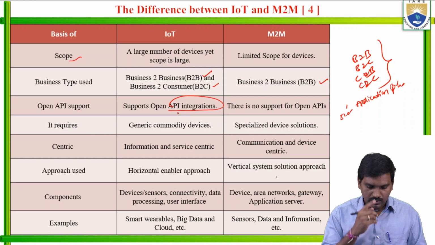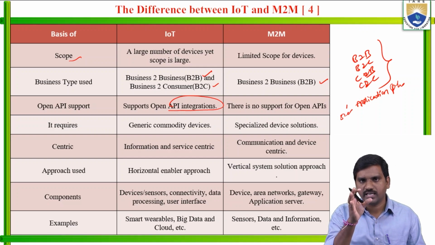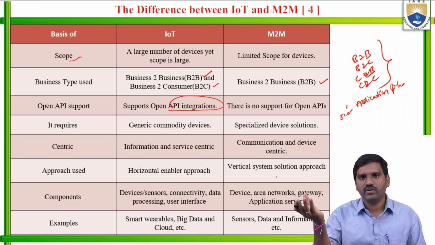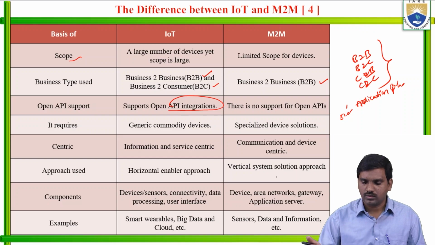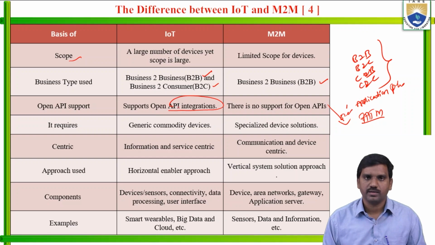Support for open API integration means the IoT device can be used anywhere depending on the requirement. But for example, for an ATM machine, only those who have an ATM card have the chance to draw the money. So it supports API like that only. This is the open API support.